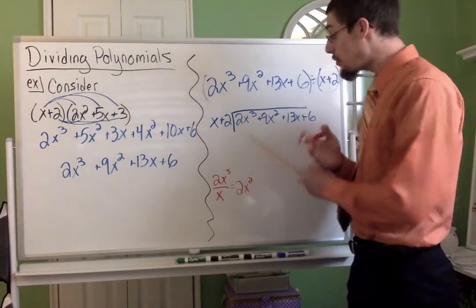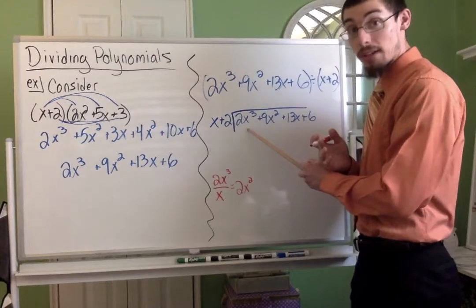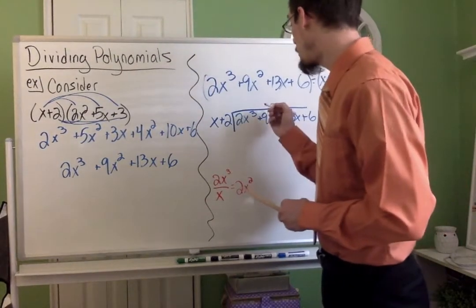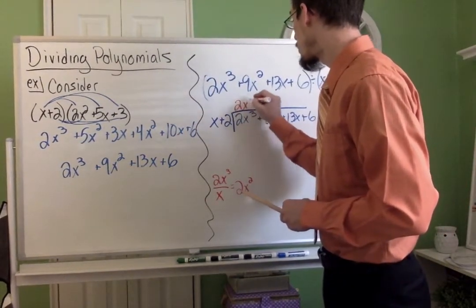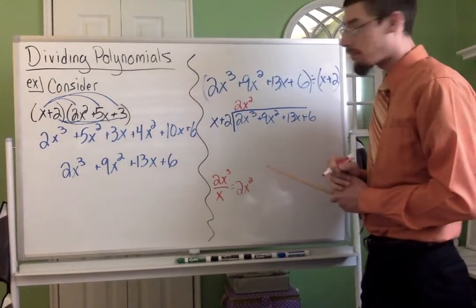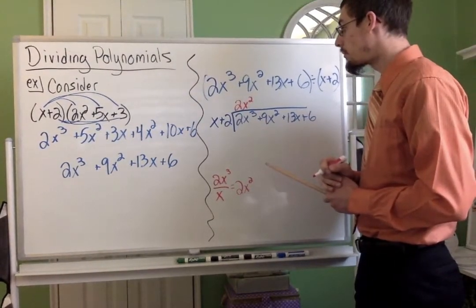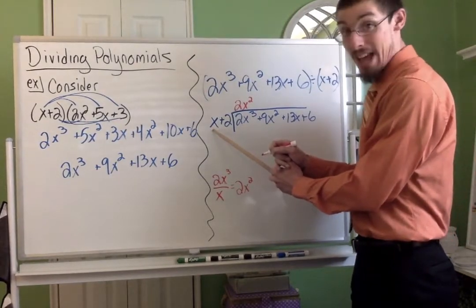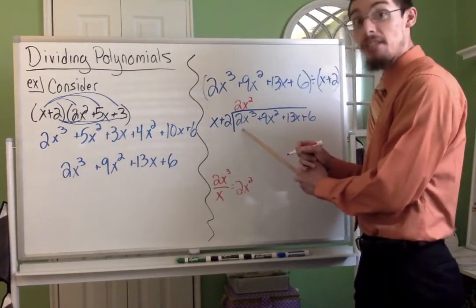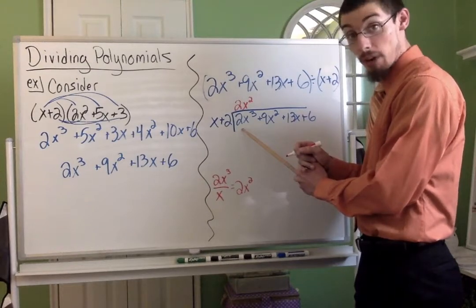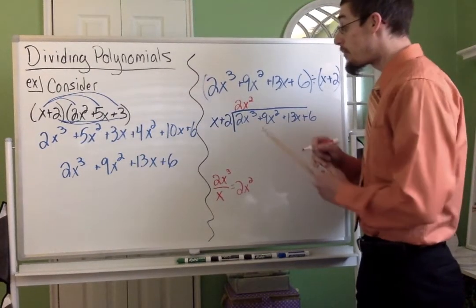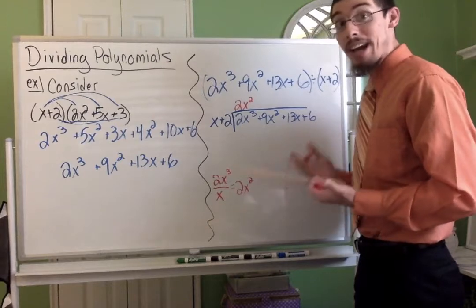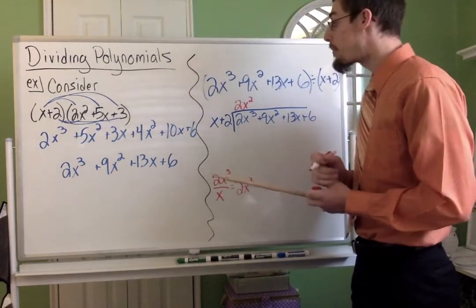So above 2x to the third, I'm going to put 2x squared, because that's how many times x goes into 2x to the third, right? So after I divide, I then have to multiply, right?